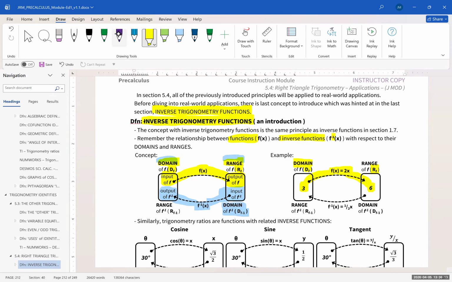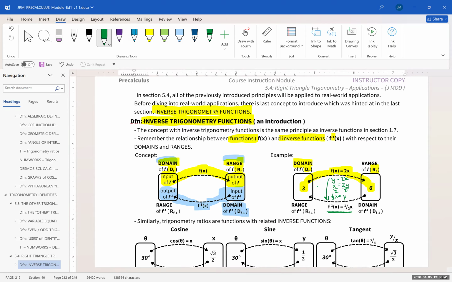Now, in order to find the inverse of f, what you do is you swap x and y, and then you solve for y again. And that's where the inverse of f equaling 1/2 x comes into play.